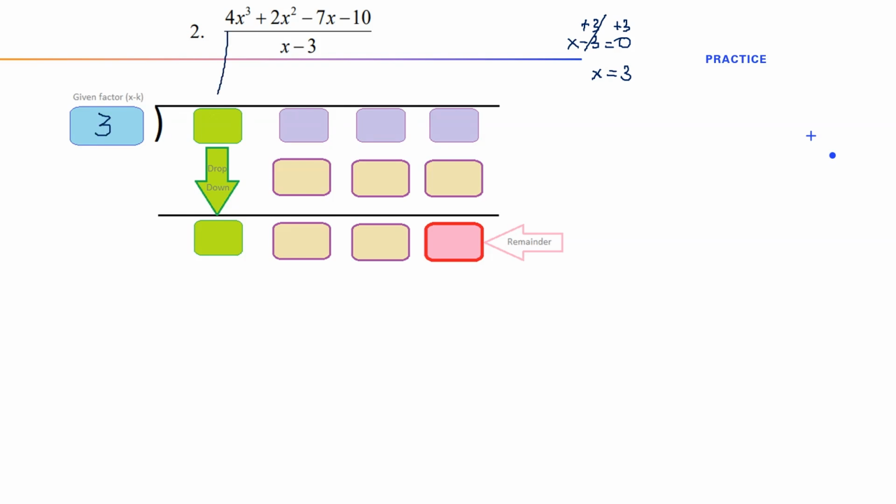Now write down 4. This is x cubed, x squared, x, and the number, right? So 2, 7, minus 7, right? Minus 10.